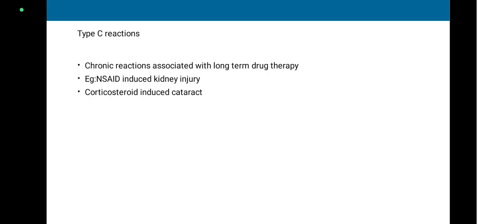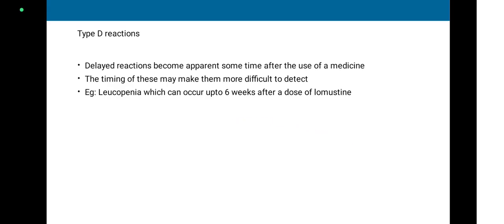The next type of Rawlins-Thompson classification is type C reactions. Type C reactions are chronic reactions which are associated with long-term use of the drug. Examples include NSAID-induced kidney injury, corticosteroid-induced cataract, steroid-induced osteoporosis, etc. Next classification is type D reactions.